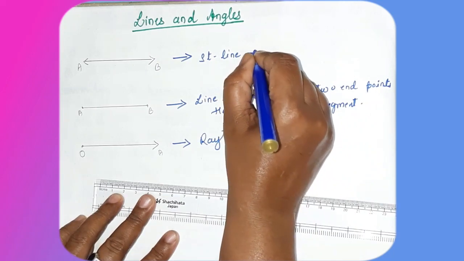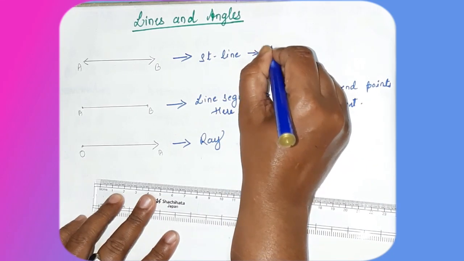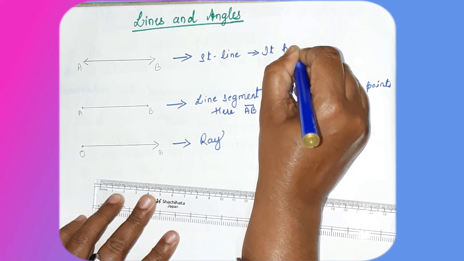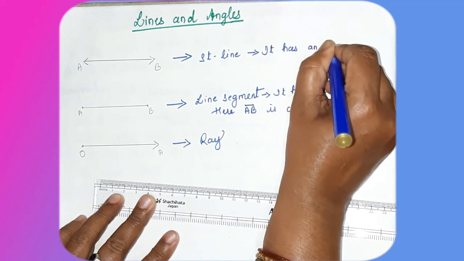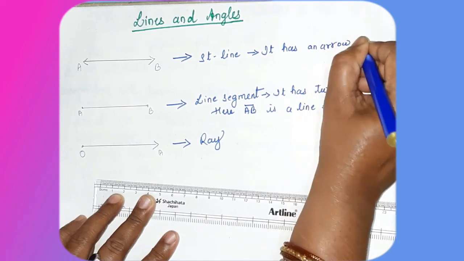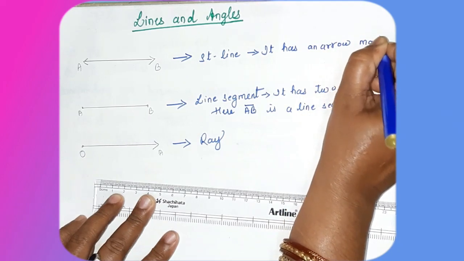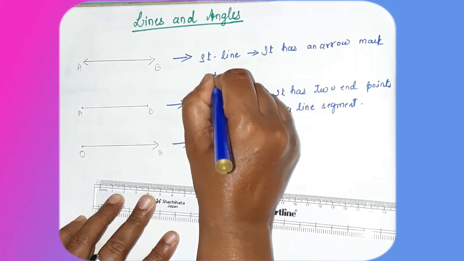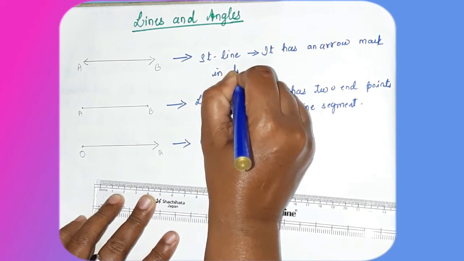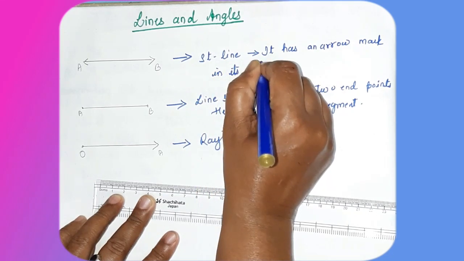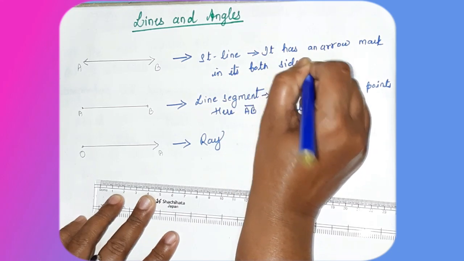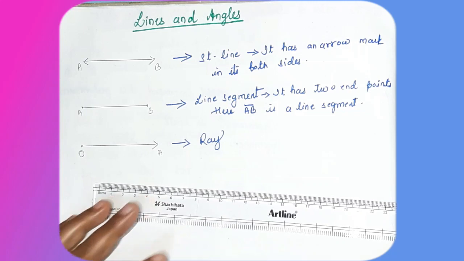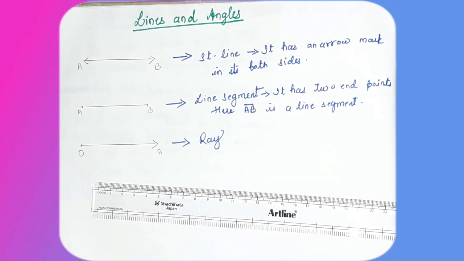It has an arrow mark on both sides. Okay. Then what about the ray? Ray has one direction.